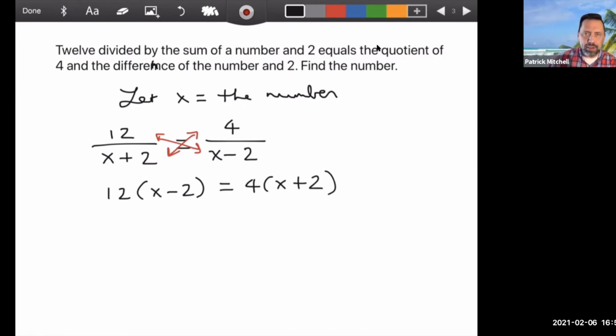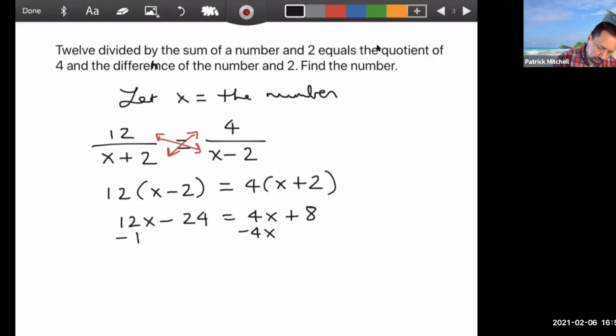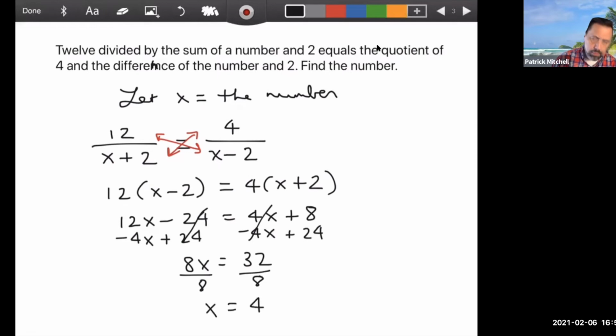I'm going to take your word for it that you paused the video and tried that. 12x minus 24 equals 4x plus 8. Let's put the x's on the left side and the numbers on the right side. That gives us 8x equals 32, which means x equals 4.